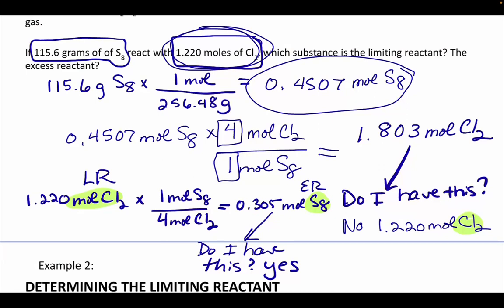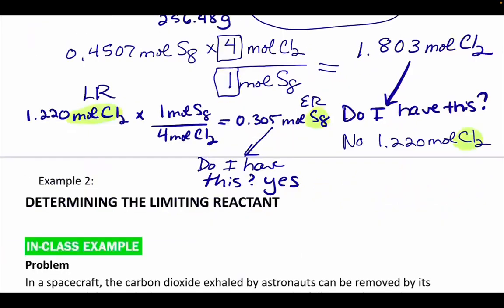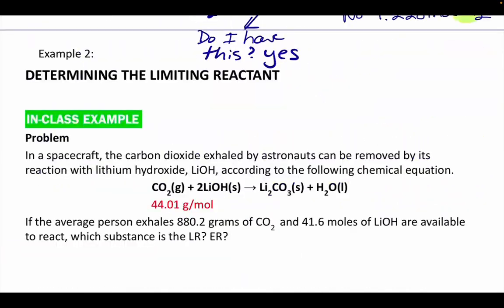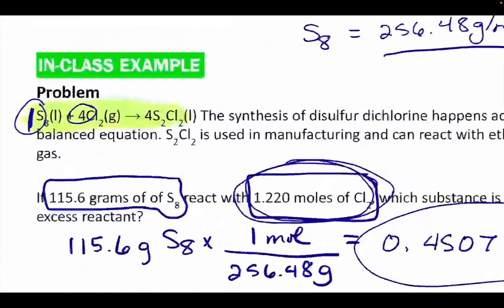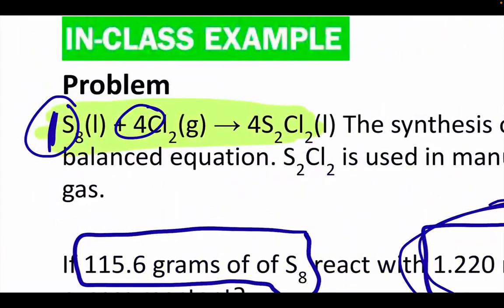So let me show you another one. So in this one, we have a reaction again with 2 reactants. So in the previous question, we figured out, if we look at our reaction, that this was our limiting reactant, and therefore the S8 is going to be my excess reactant.